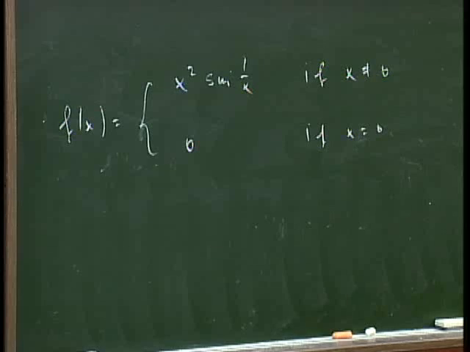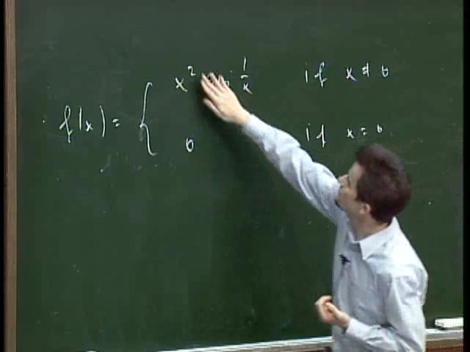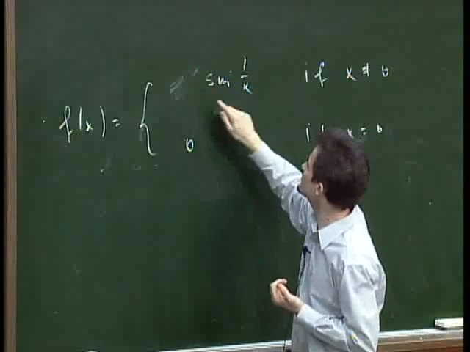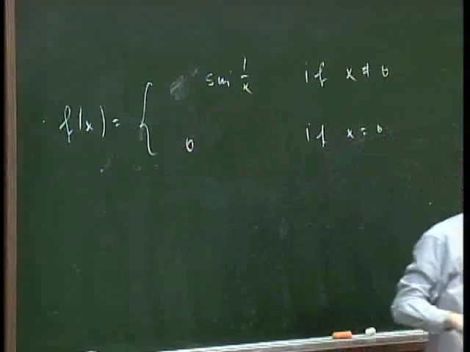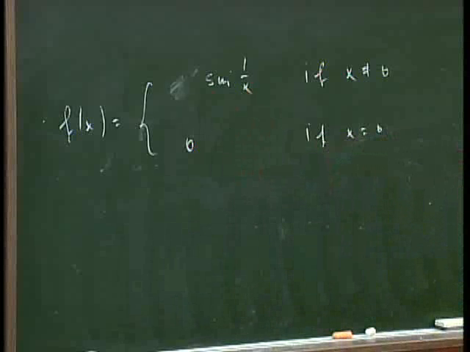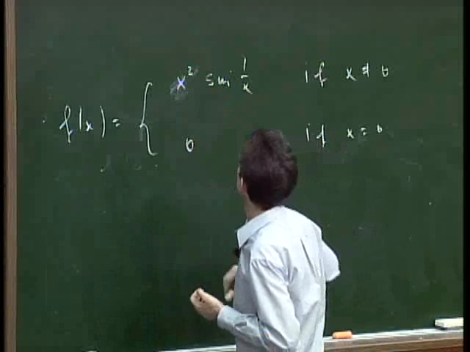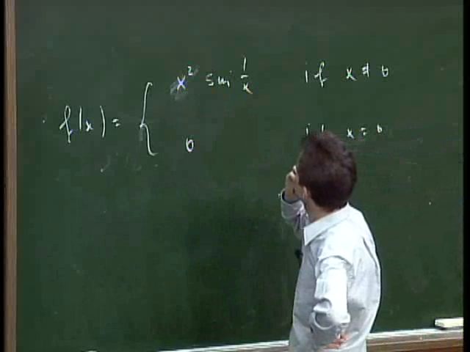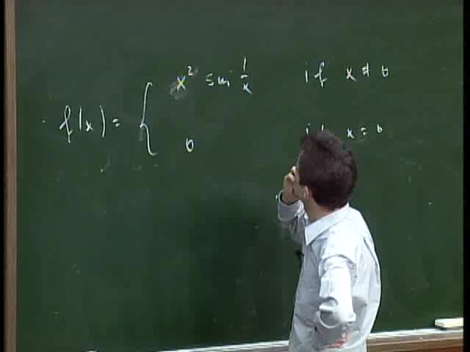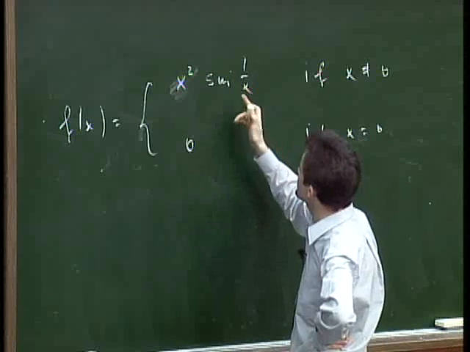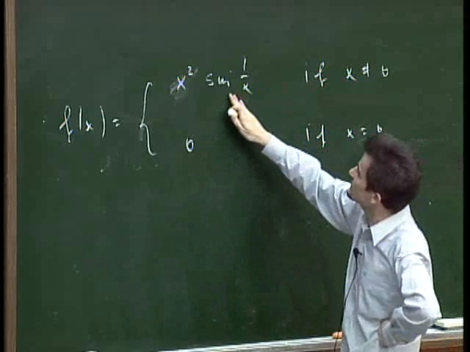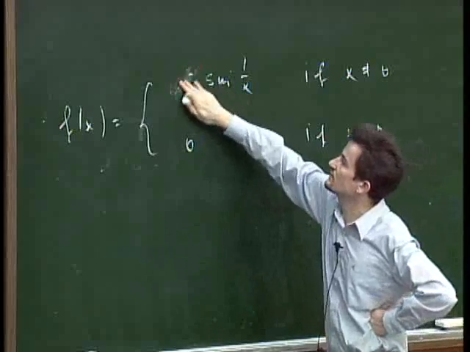But if you replace this function by this one, the discontinuity is different from, say, the function not being defined here. This function is continuous, but if x tends to 0, the way the limit does not exist is quite special.